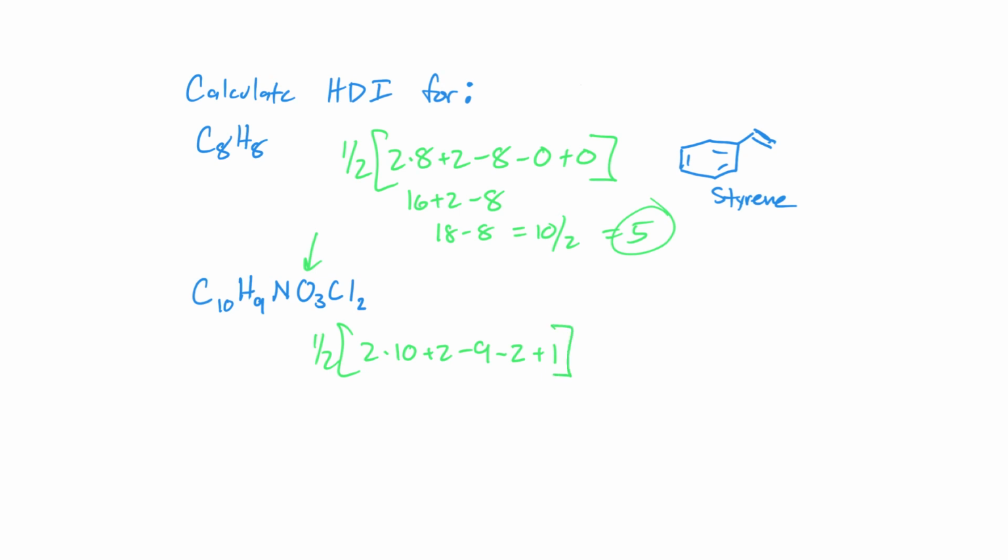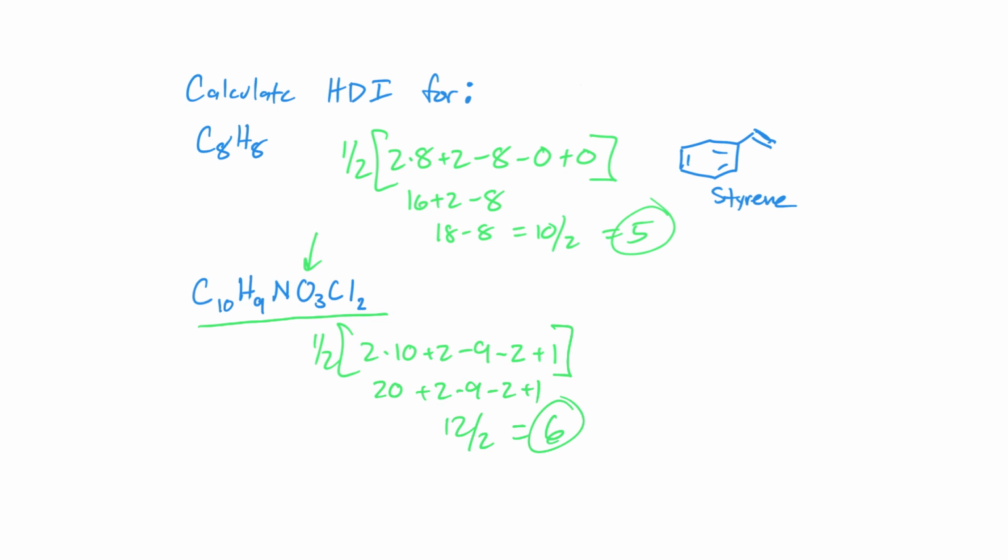So we're done with our formula. We can do some math. 20 plus 2 minus 9 minus 2 plus 1. 20 plus 2 is 22, minus 9 is 13, minus 2 is 11, plus 1 is 12, over 2 equals 6.